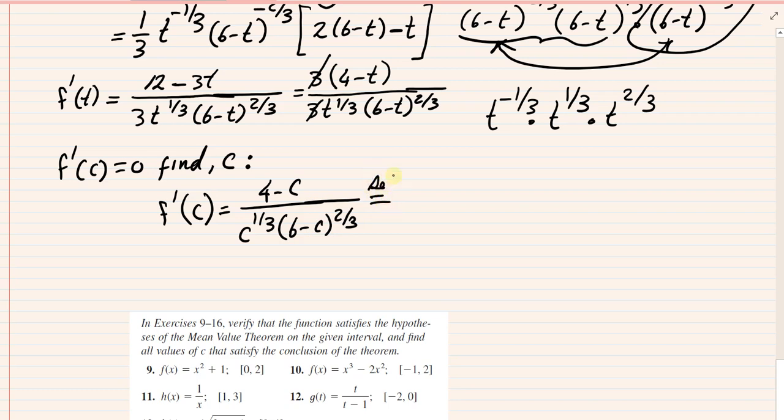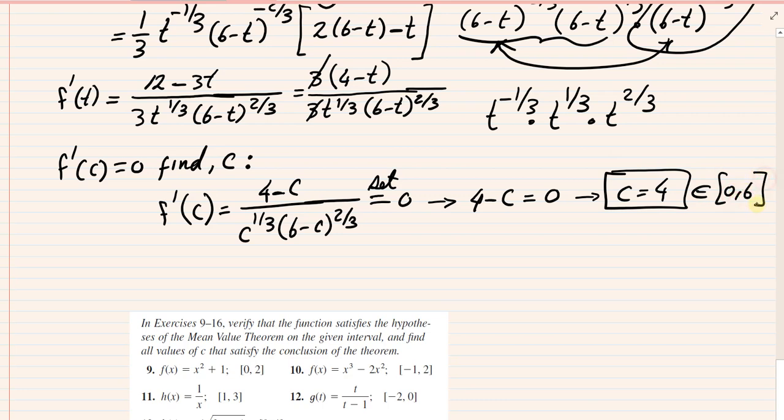And again, we're going to set it equal to 0. In a fraction, the only way a fraction can be 0 is if the numerator is 0. The denominator cannot be 0 because of division by 0. So that means 4 minus c has to be 0, or c must be 4. And 4 is in the interval from 0 to 6.